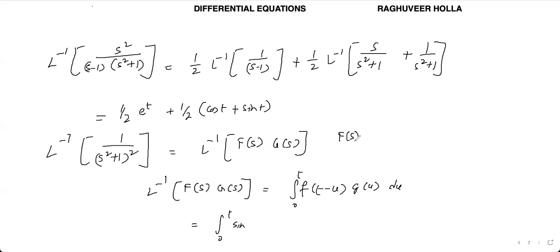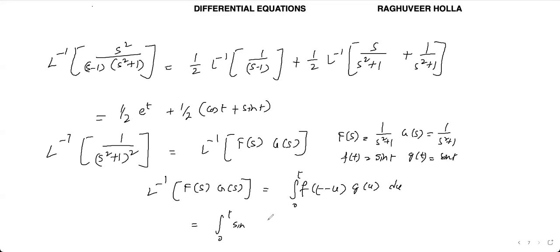Please remember this. F of s is 1 by s square plus 1, and g of s is 1 by s square plus 1, so f of t will be sine t, and g of t will also be sine t.